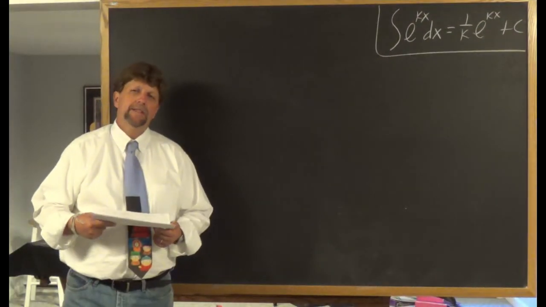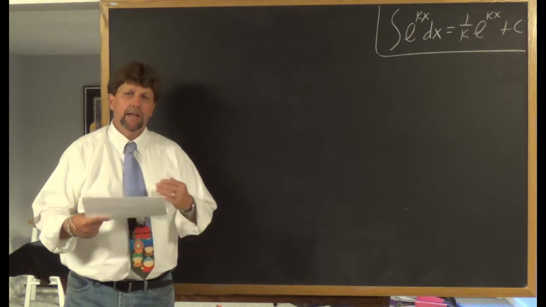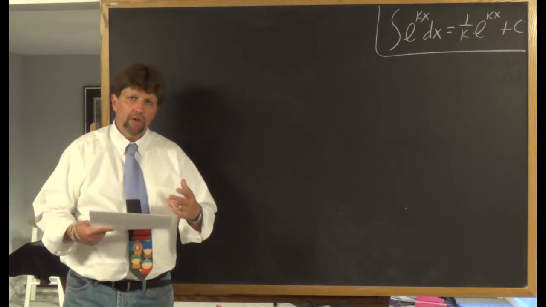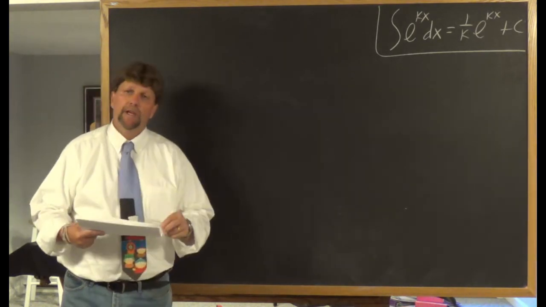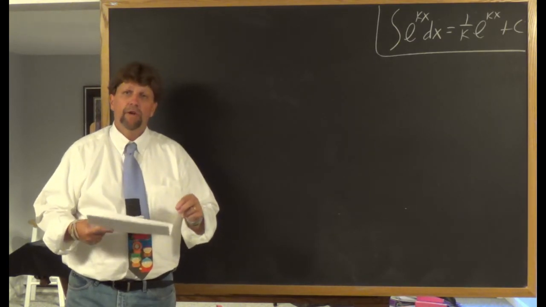Before we talk about this application, I wrote something up here on the board that was on the slide, and I want to go over it one more time. We can use u substitution to show this little formula up here is true, but it's a really important, handy formula for you to know.